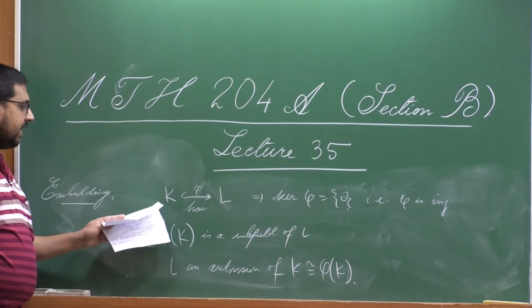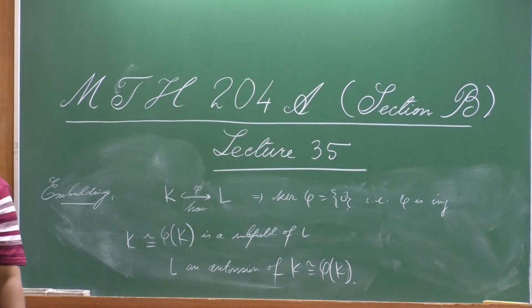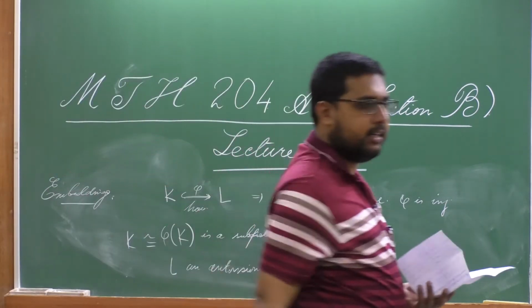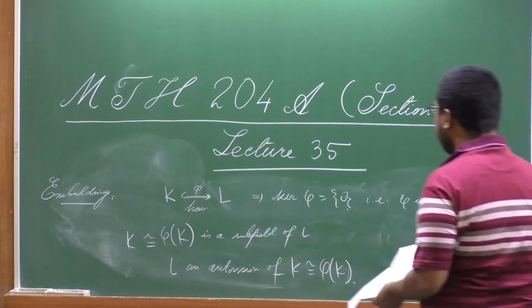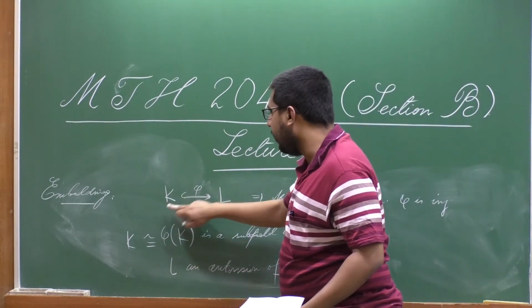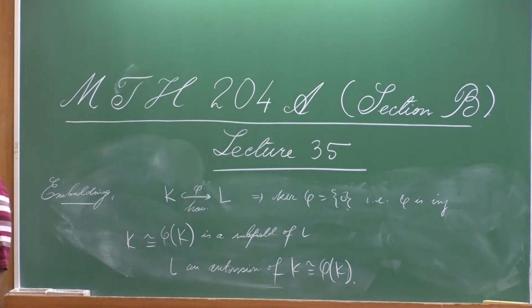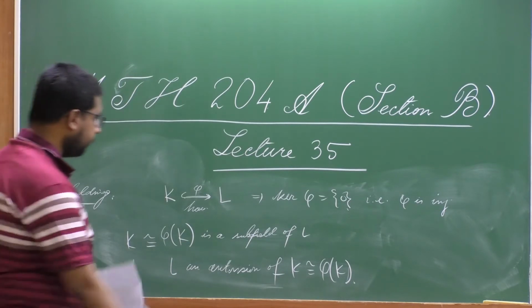So, by an embedding of K in L, I mean a homomorphism from K to L. Since these are fields, it is automatically injective. So, I repeat, by an embedding of K inside L, I mean a homomorphism from K to L, which is going to be automatically injective.